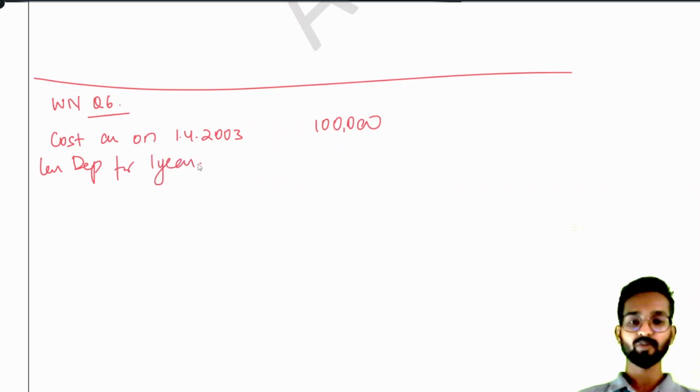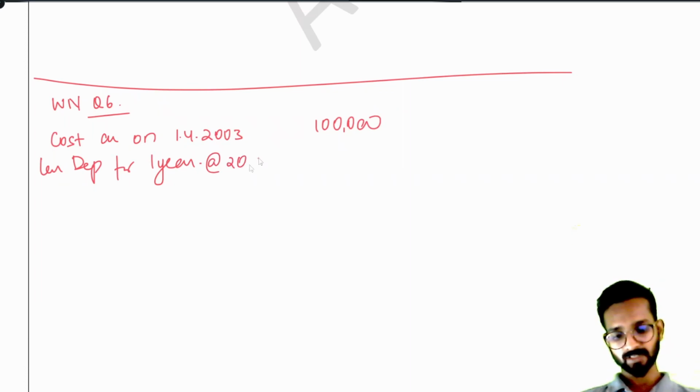In the written down value method, you cannot charge depreciation directly for 2.5 years or 3 years. You have to charge 1 year by 1 year. So 1 year is 20%. 1 lakh rupees multiplied by 20% gives you 20,000.